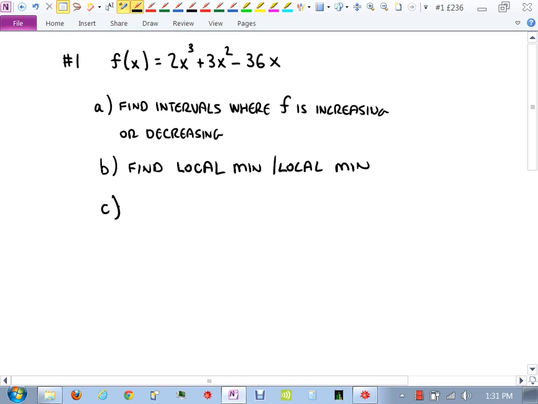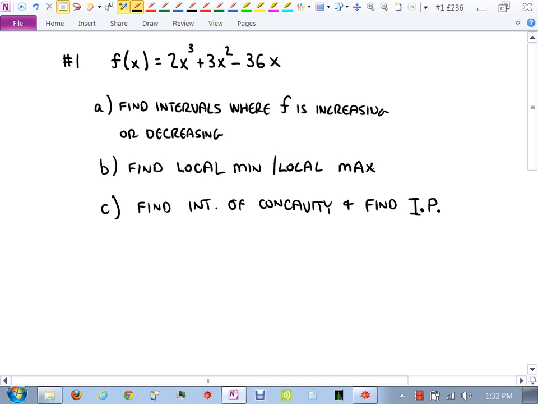And then part C, find intervals, I'm going to say INT, of concavity. And then find inflection points. I'm just going to put IP for inflection points. But local min, local max.